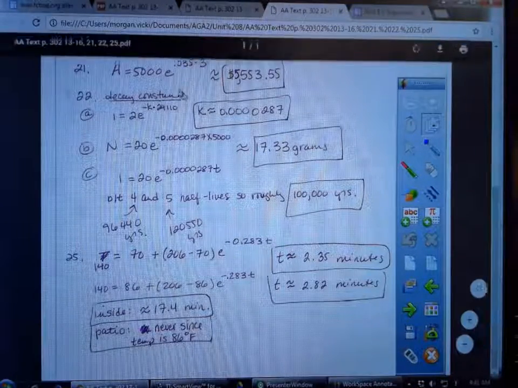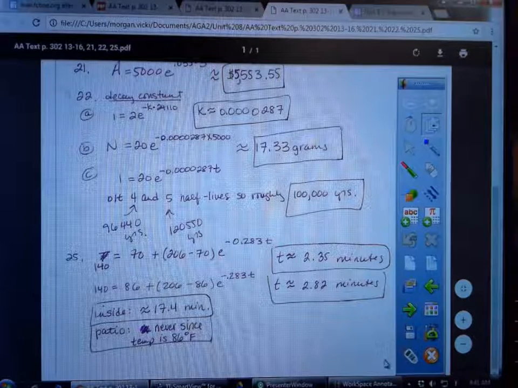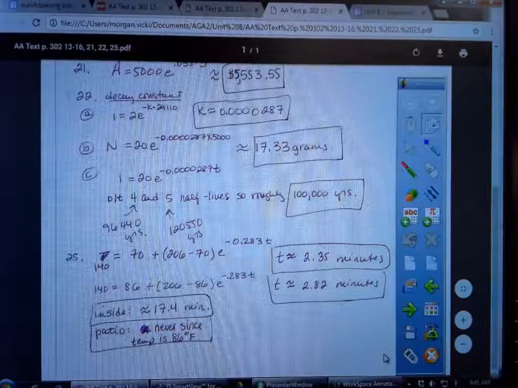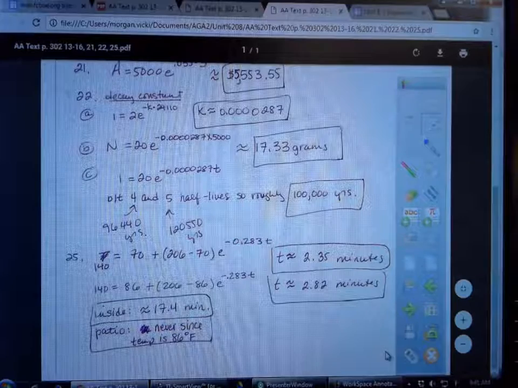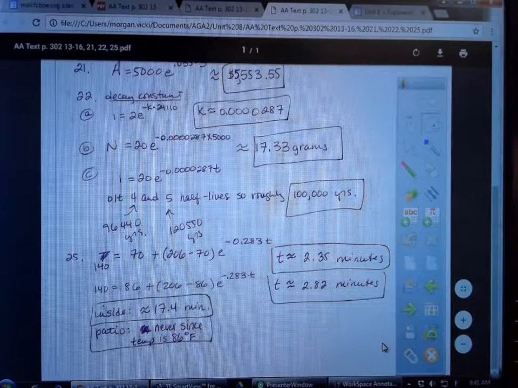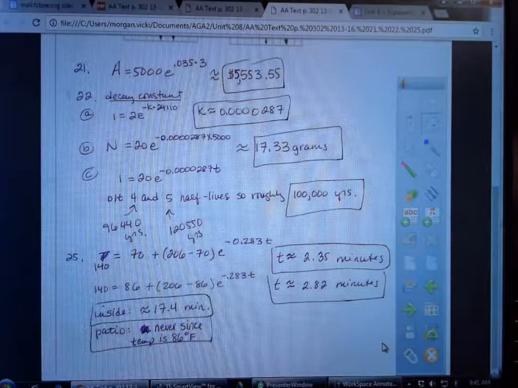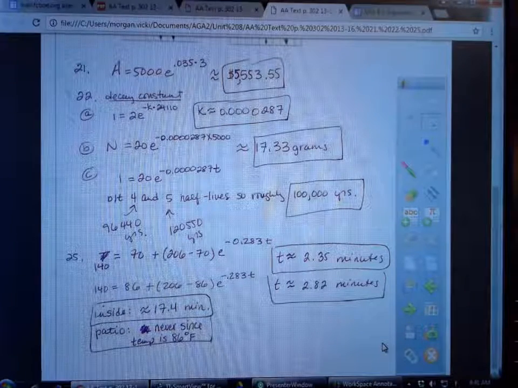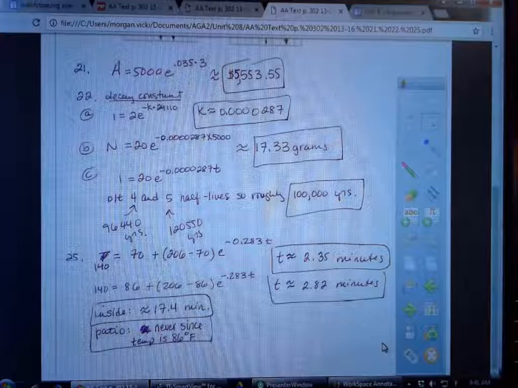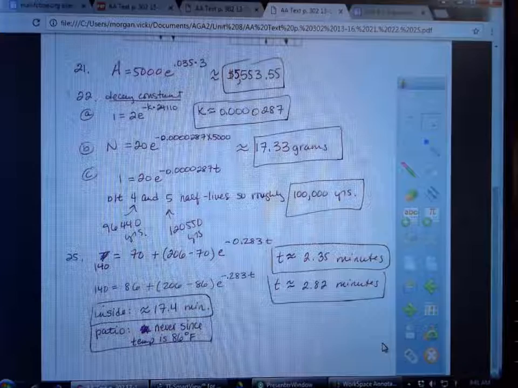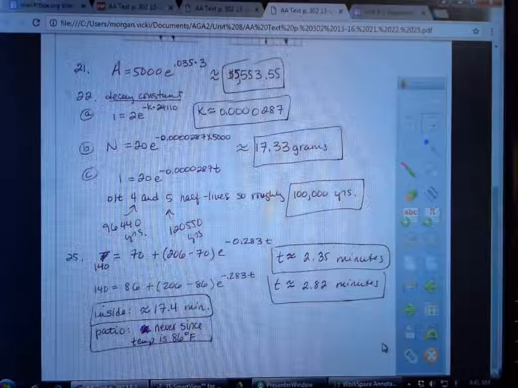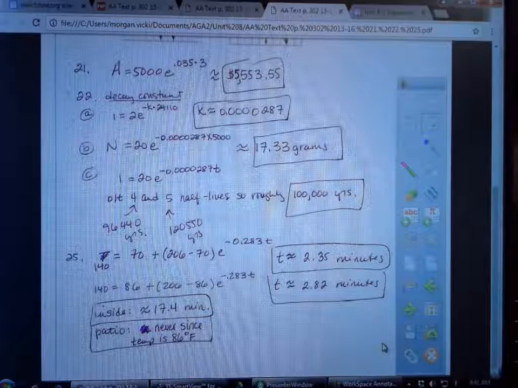So here's the bottom set of answers. Okay, and I know some of you said you had trouble with the graphing, so let me do some on the graphing calculator if you need me to.